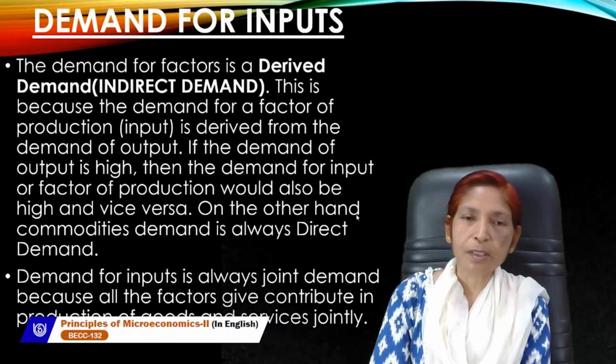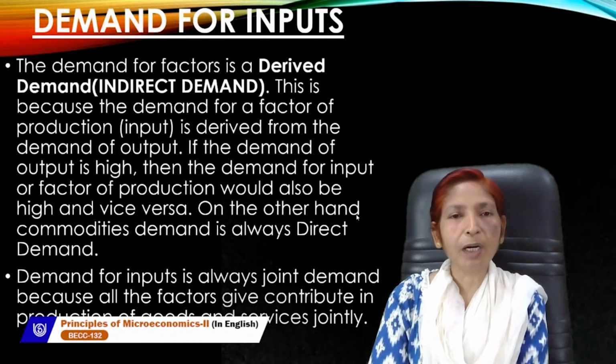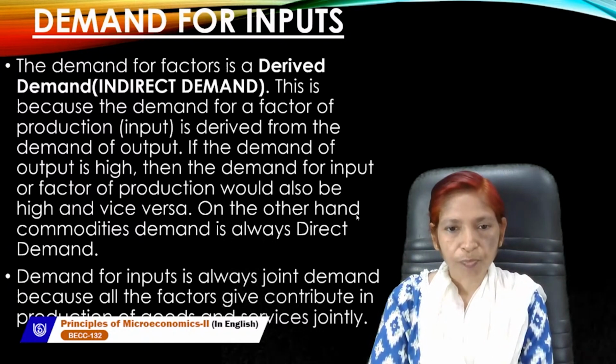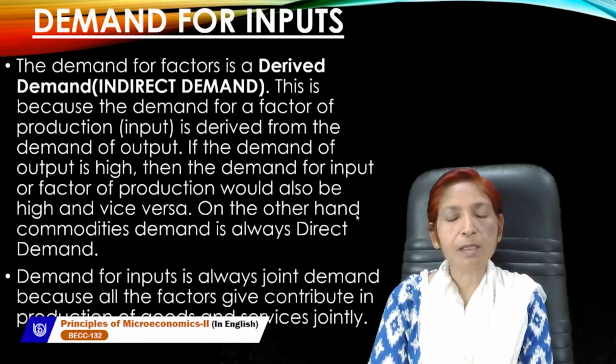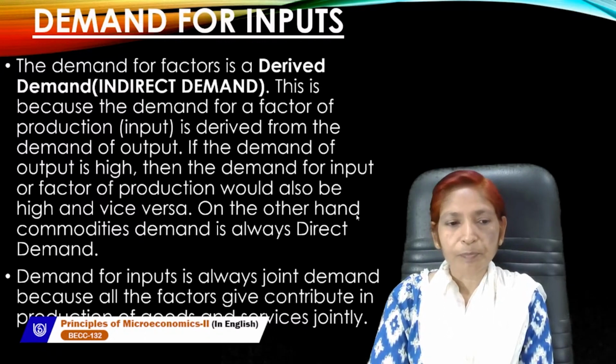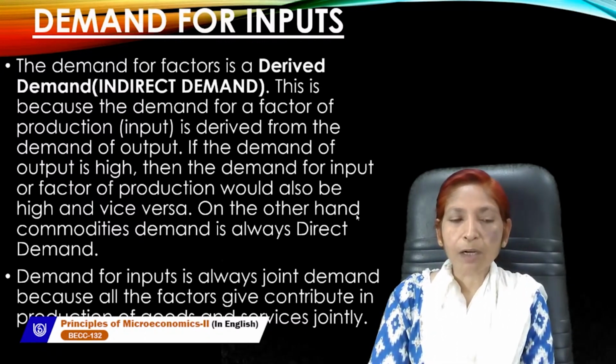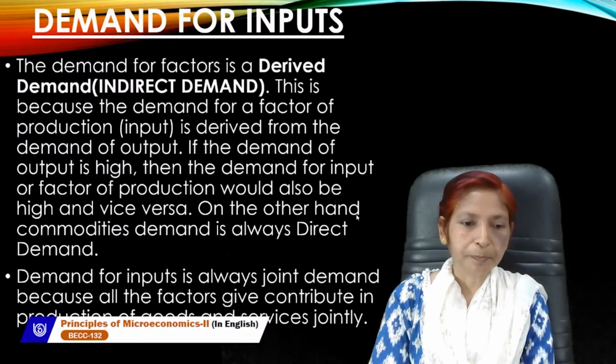If we want to produce less output, then we will demand less input. On the other hand, demand for commodities or goods is always direct demand. Next, demand for input is always called joint demand.